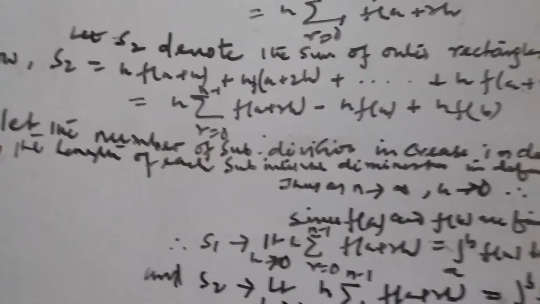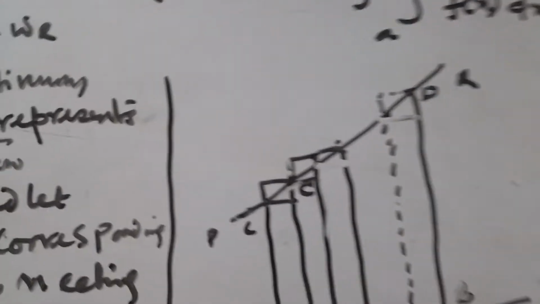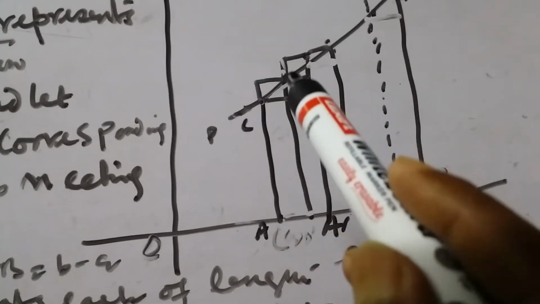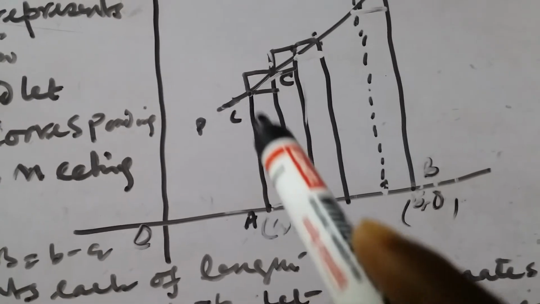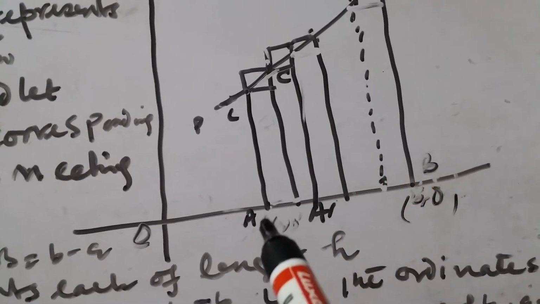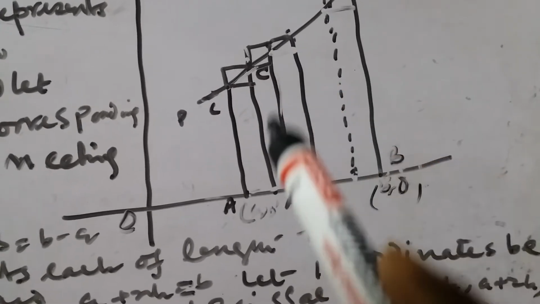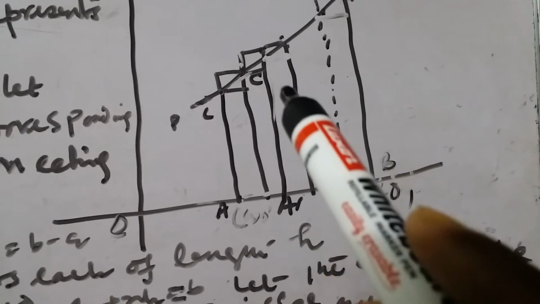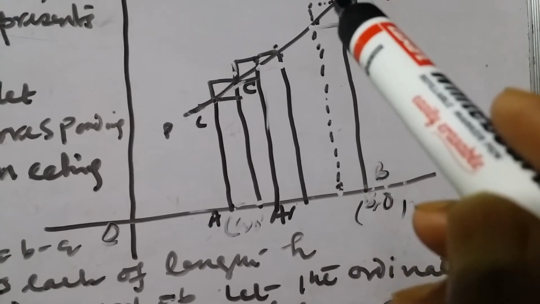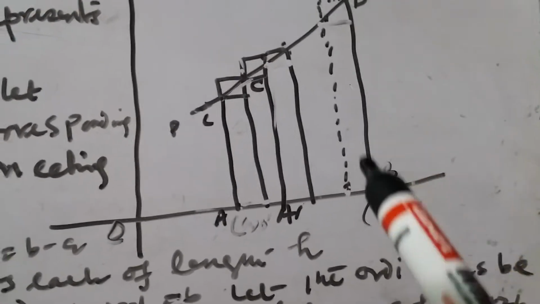What is the area of S2? That is h into f(a plus h), h into f(a plus 2h), and last h into f(a plus nh).